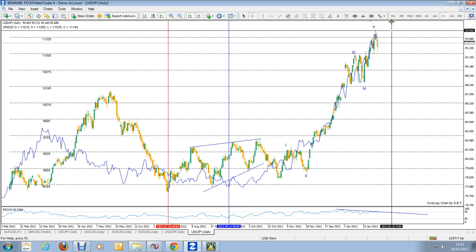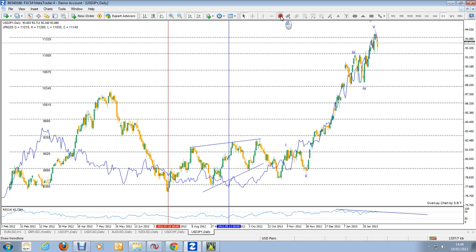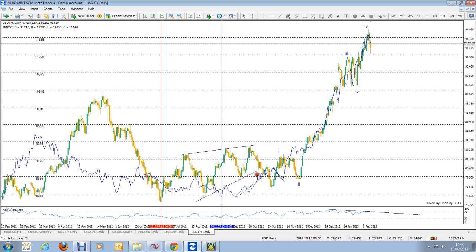So if I label that together, you can see that maybe I've got a very small 1, small 2, then from here is a wave 1, and then we had a wave 2.